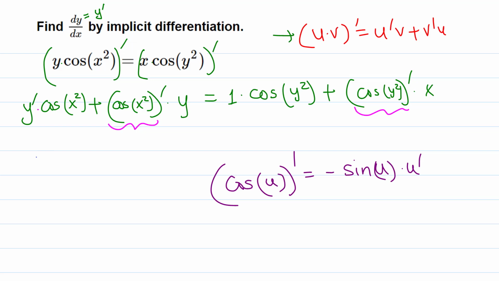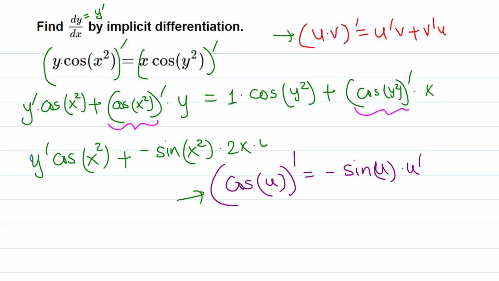So y prime cosine x squared plus, using this formula, negative sine x squared times the derivative of the inside u prime, which is 2x, times y, is equal to, on the right hand side, 1 times cosine, which is just cosine y squared, plus this x, which I'm just writing at first.